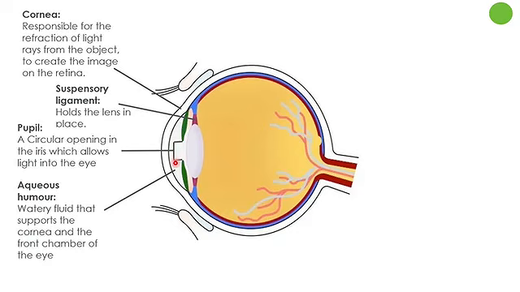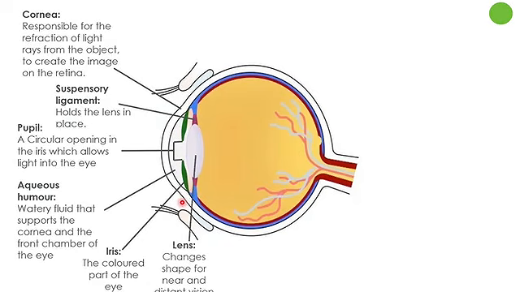Next part of the eye is then the iris. So the iris plays a role in our pupillary mechanism that we're going to do just now. Inside our iris, that's the colored part of the eye, it controls the diameter, the opening of the pupil that we see here. Right, the next part of our eye is the lens.